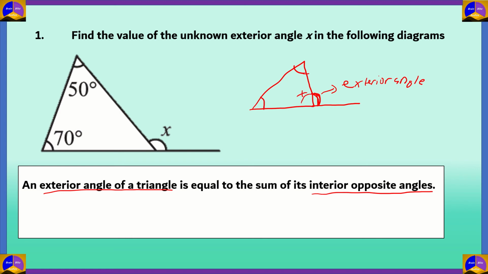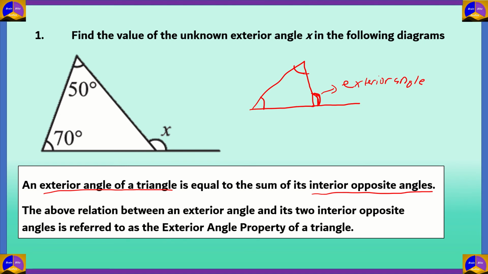This would not form one because it is forming a linear pair with the exterior angle. This relation between the exterior angle and its two interior opposite angles is referred to as the exterior angle property of a triangle. So let's apply this property.